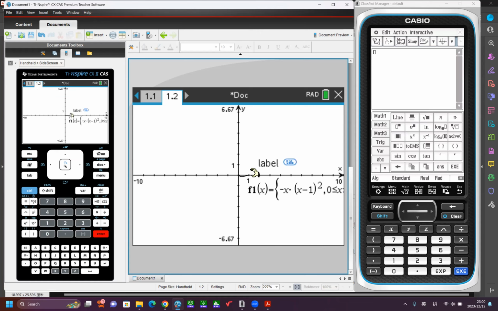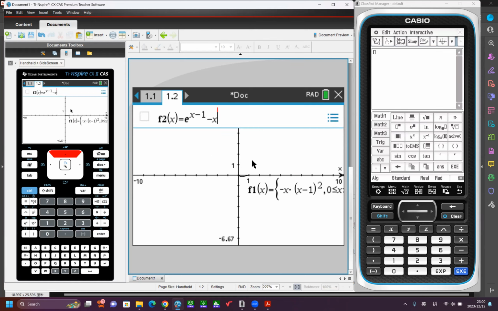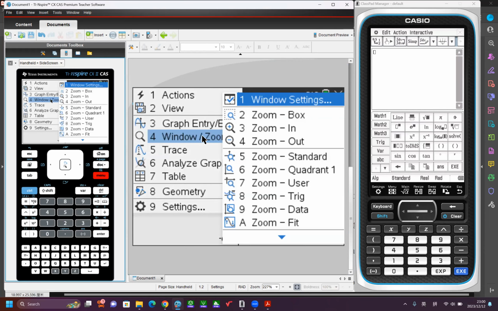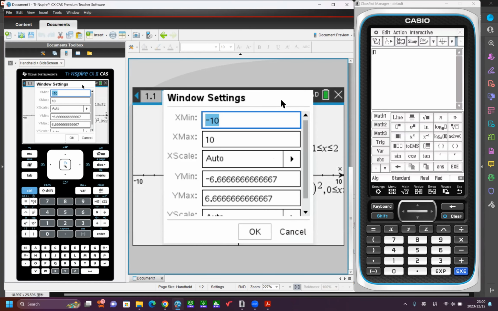Okay, that's one part. It's very small, so later on we will zoom in a little bit. And the other part is f2 from 1 to 2. Okay, we actually have 2 bits. And according to the diagram on the exam paper, I would say go back to Windows Zoom window settings from -0.6 to 2.6.